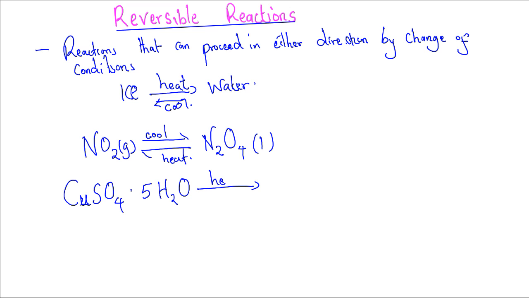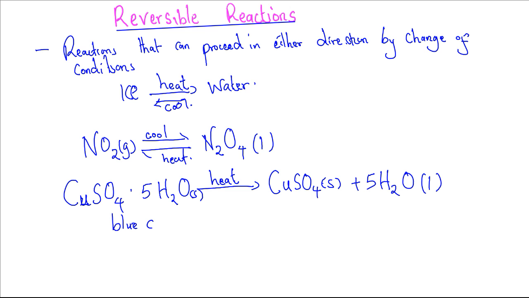When you heat this, you get copper 2 sulfate solid plus the 5 water molecules. The hydrated copper 2 sulfate is blue crystals, and the anhydrous is white crystals.